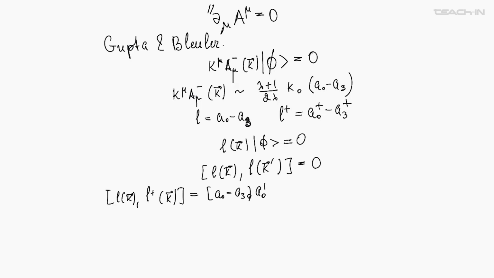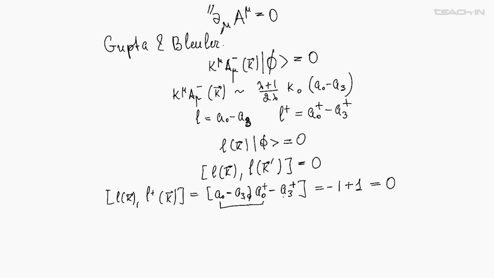Now, non-trivial commutators arise between A0 and A0 dagger, and we have seen that this is minus 1, plus the commutator between A3 and A3 dagger, but this will be plus 1 because the metric has an opposite sign on the right-hand side of this commutation relation. And so the result is 0. So L and L dagger do commute between themselves.